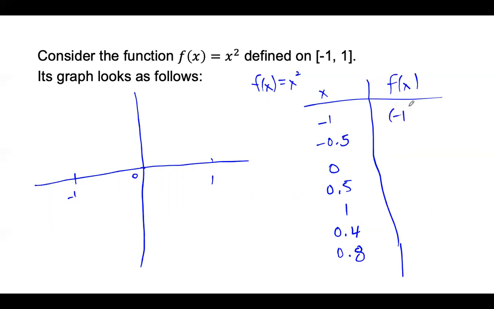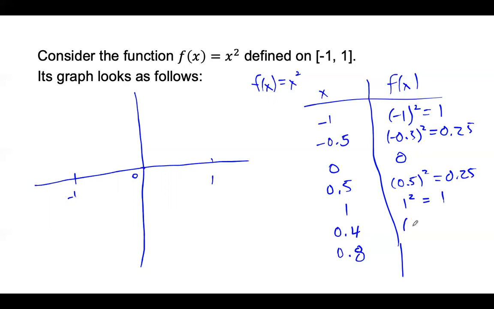So it'd be -1 squared, which is just 1, -0.5 squared, which is 0.25, 0 squared is 0, 0.5 squared is again 0.25. 1 squared is 1. And here are some extra points, but I think you get the idea.